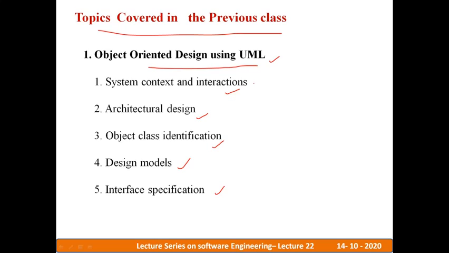System context and interactions is to set up the context for the system. We had taken the example of weather station and its associated systems with which it is going to interact and get the information. So the weather station system and its associated systems will be forming the context or the environment of the system.